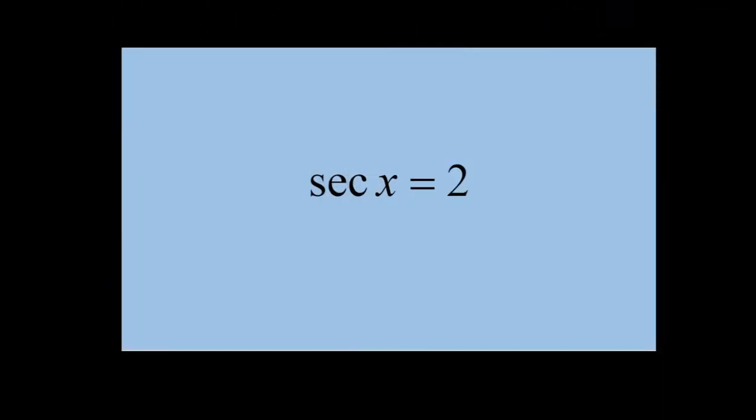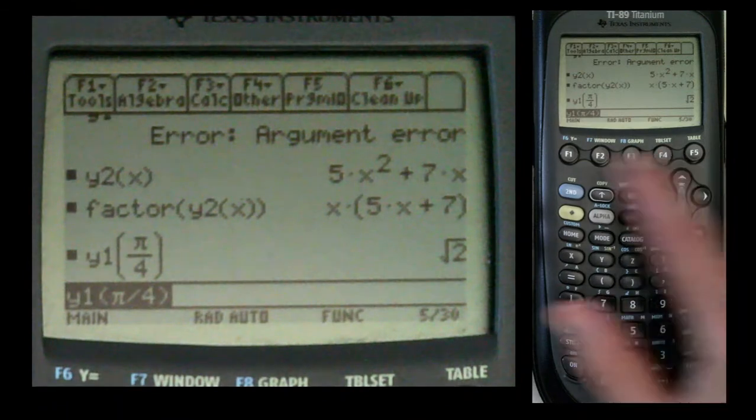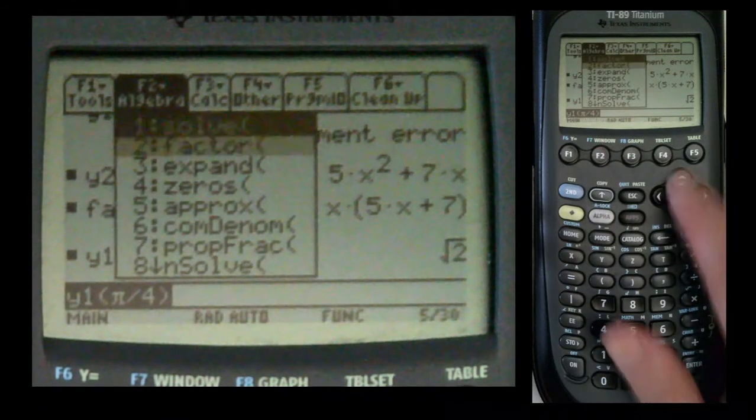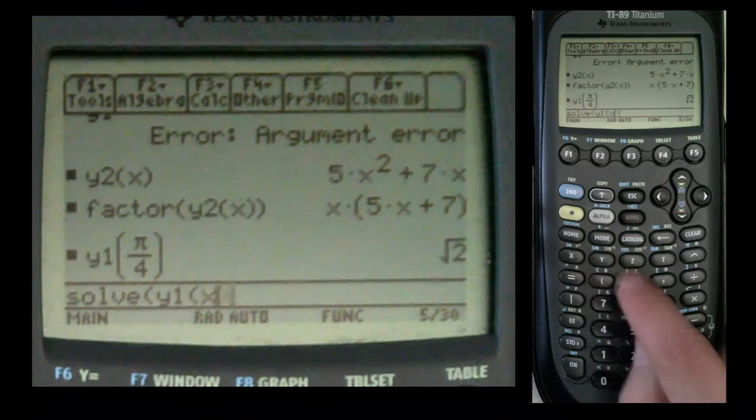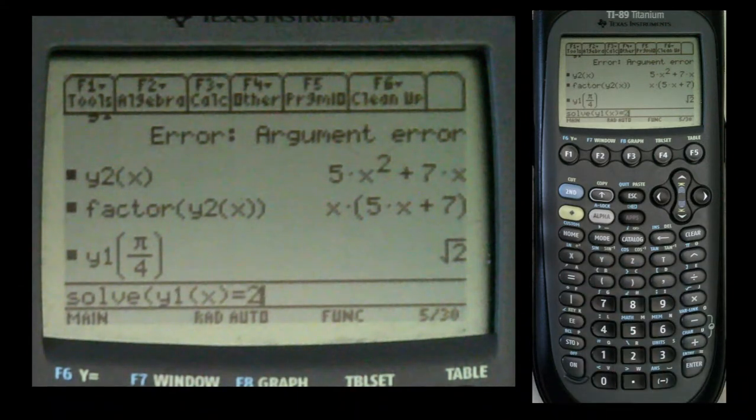We can also take an equation like this and solve that equation. So let's go back to the calculator, and we'll solve that using our solve function. We're going to solve y1 of x equals 2, and then we have to tell it to solve for x. Close the parentheses.